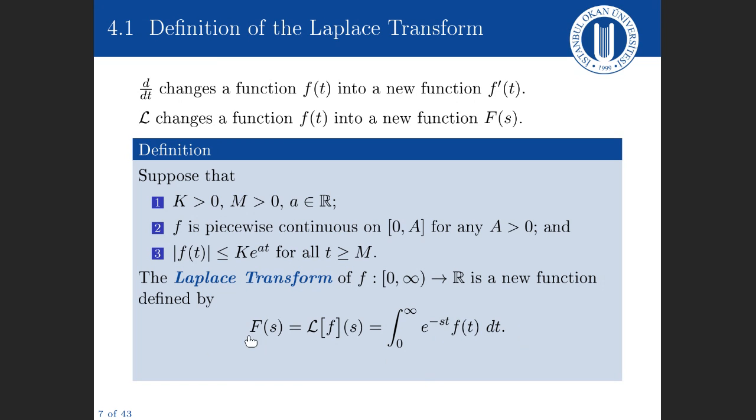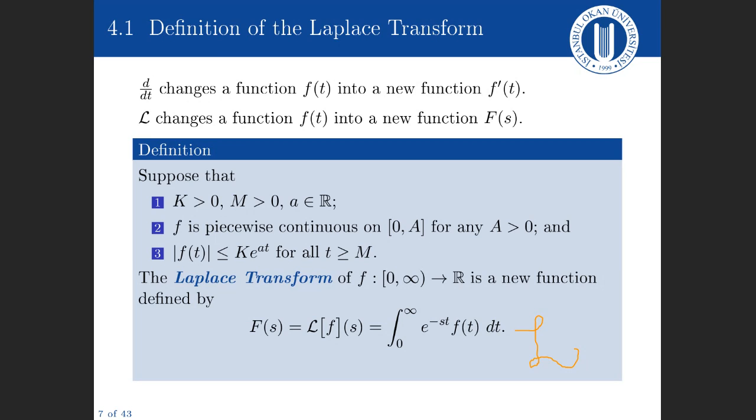And we can either write this as capital F, or we can write this as curly L of f. When I'm using a pen, I would write this curly L like this. Do your best to imitate this.